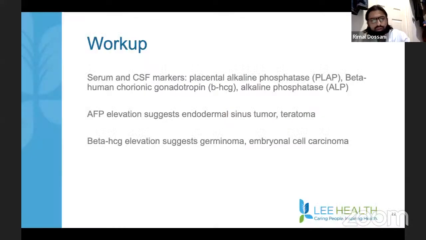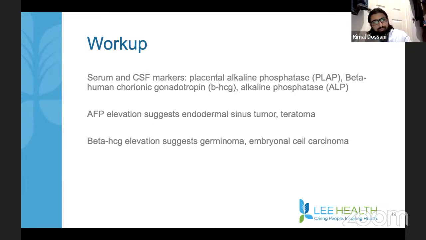With respect to workup of these pineal tumors, the standard of care is to send for serum and CSF markers, especially in younger patients, because a lot of times these tumors can be positive for markers. The three main ones are placental alkaline phosphatase, beta human chorionic gonadotropin, and alpha-fetoprotein.